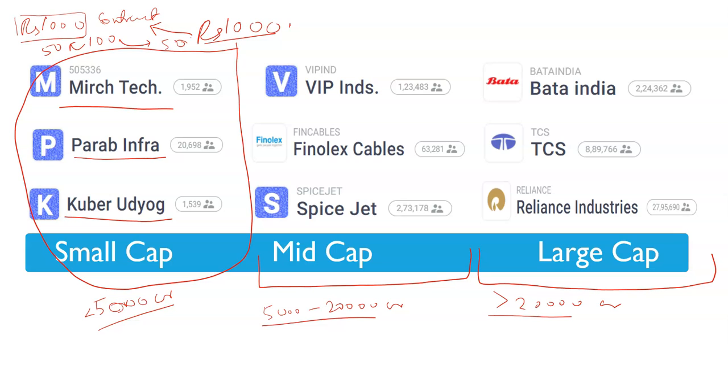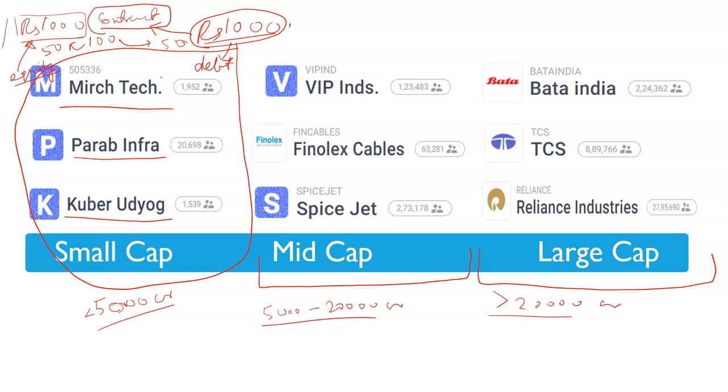Here, this 1,000 rupees taken from customers or any other people who invest in this company based on this contract is called equity money. This 1,000 rupees which the company already has with them to do the business is called debt money.